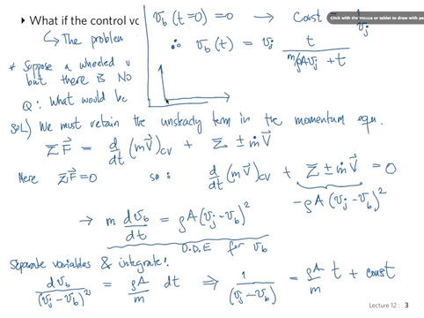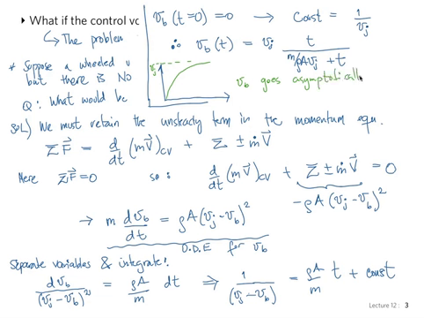If we were to make a plot of this, it would look something like this. The velocity of the block would go asymptotically to the value of the velocity of the jet as time tends to infinity.